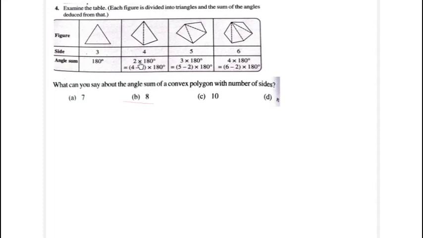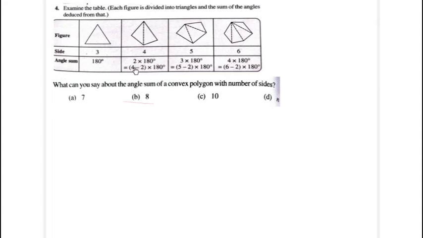The angle sum is 2 multiplied by 180 degrees. Just as we discussed in question number 3, this is a triangle and this is also a triangle, and the sum of all the angles in this triangle is 180 degrees and in this triangle is also 180 degrees. So 2 triangles, no? So 2 multiplied by 180 degrees. This is the sum of all the angles, that is 360 degrees.